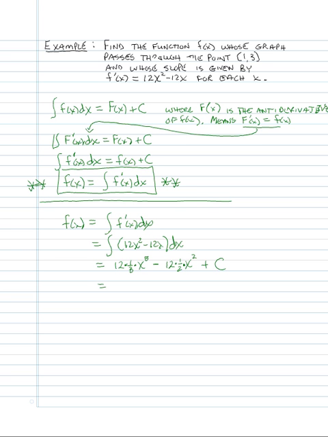As we simplify, 12 times 1/3 is 4, so this is 4x cubed. And 12 times 1/2 is 6, so this is minus 6x squared plus our constant of integration. Now, we know that the function we're looking for is 4x cubed minus 6x squared plus a constant of integration.